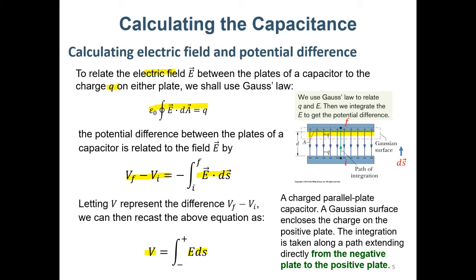We already consider the dot product, and the lower bound is the negative plate, and the upper bound is the positive plate. So we consider a path in green color like this. This is the negative plate, and this is the positive plate. So we consider ds from the bottom plate to the top plate, so ds would be pointing upward.